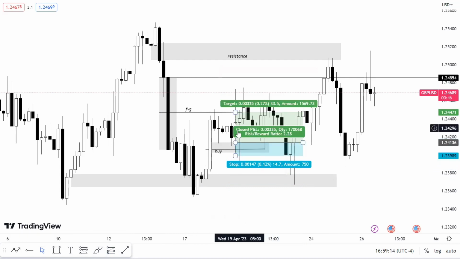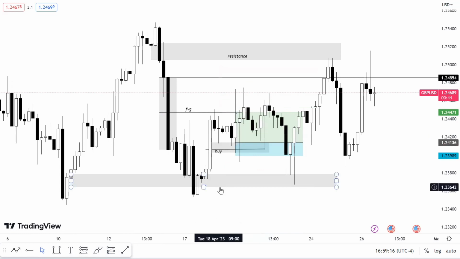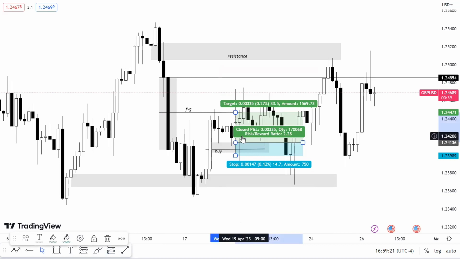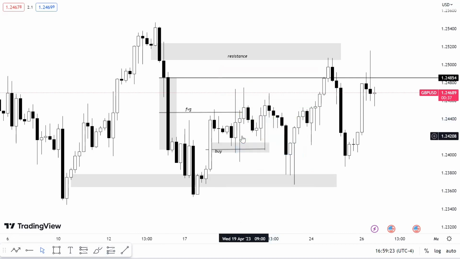Before this happened, this candle was not here, so you might have been taken out, because we are still open here, guys, with the buys. We are still very much open with the buys. So if it hit the fair value gap, you need to get out.